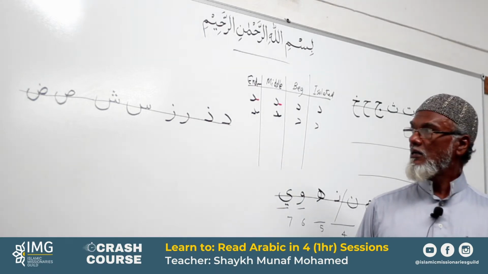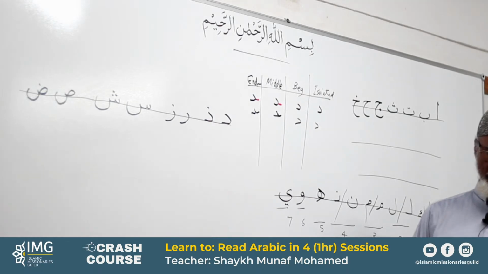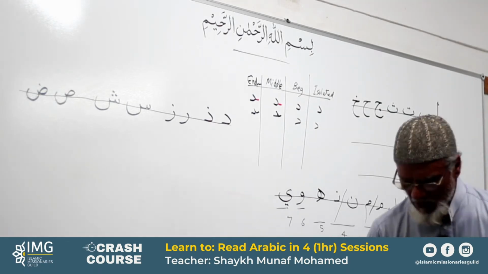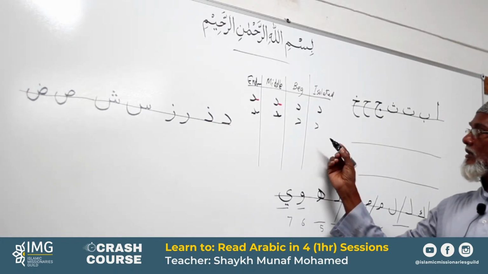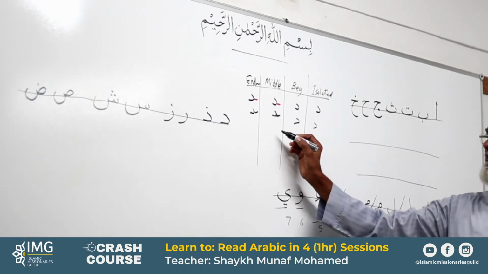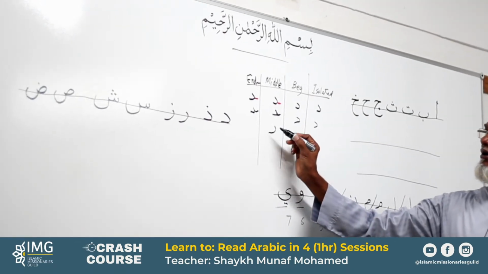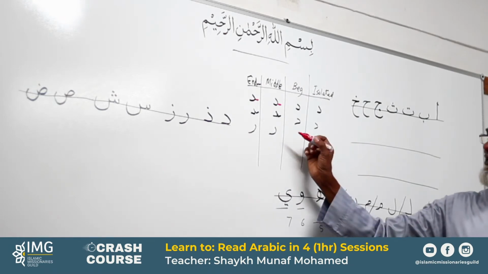All right? So for the ra, which is the next letter, isolated, we already know it. The beginning is the same. And the middle, we just have, again, the attachment line, which goes right here.